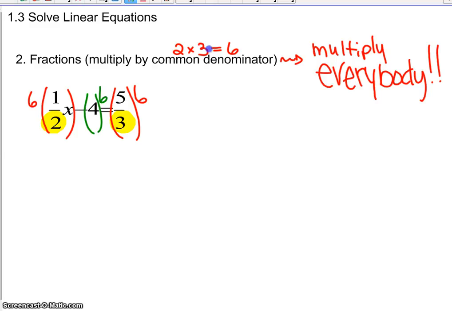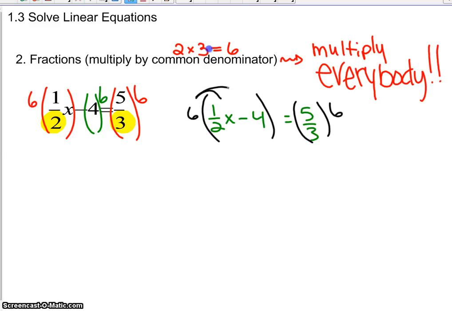What we're really doing is taking this 1/2 x minus 4 equal to 5/3, and our rules for equations say if I do something to one side, I have to do it to the other side. Now all I'm trying to do is bypass this step where I add parentheses and then I distribute. I get to the same place. It's just a little quicker.